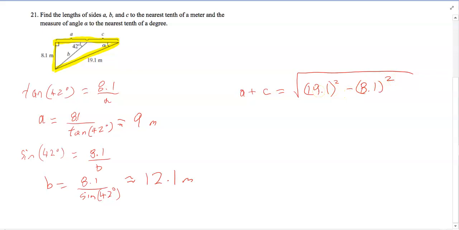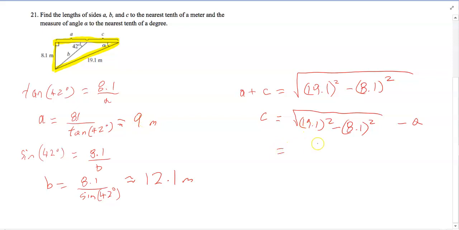And so we could say that C would be equal to radical 19.1 squared minus 8.1 squared, all of that minus the value that we got for A right here, which was about 9 meters.